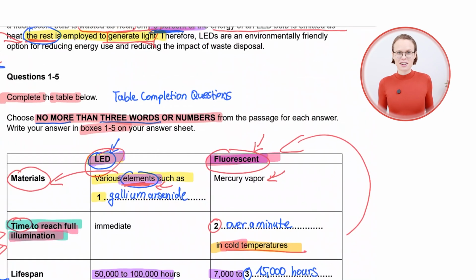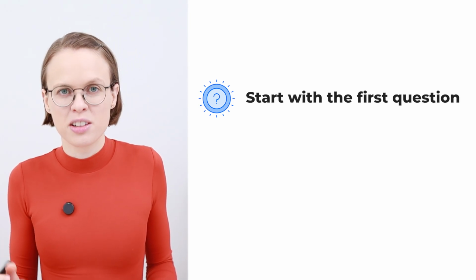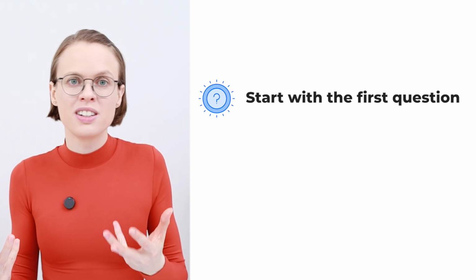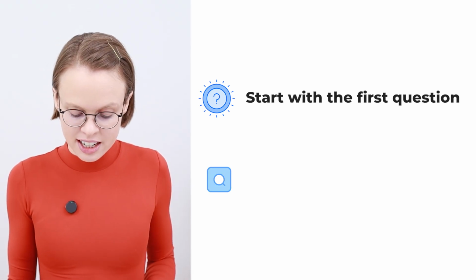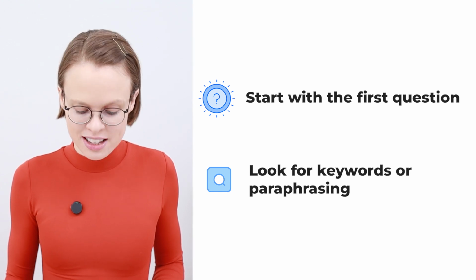Amazing. Great job. Let's quickly summarize what you have to do to solve table completion questions in IELTS reading. First, start with the first question. Have a look at what kind of word you need to enter. Have a look at the sentences or words around the gap to get an idea, and then look for keywords or paraphrasing in the passage.